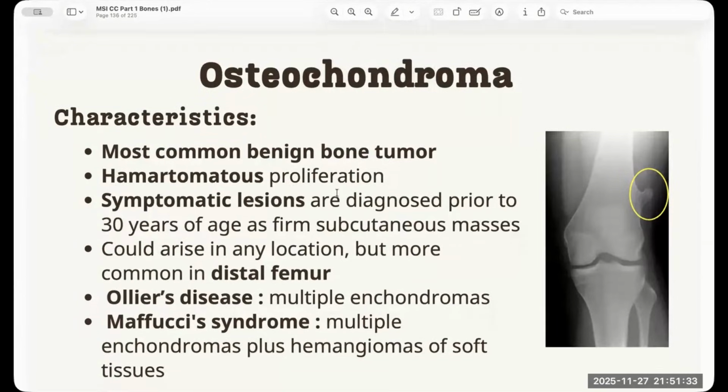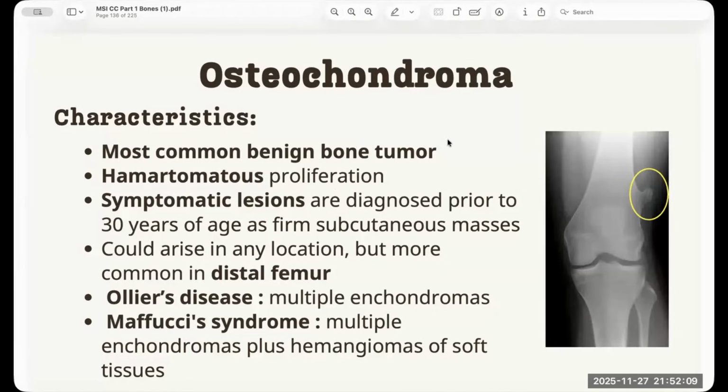Okay, this is just an easy way to differentiate between them. So characteristics of it: first of all, it's the most common benign bone tumor. It's a hamartomatous proliferation, and that's how it spreads. There are symptomatic lesions that show up prior to 30 years of age.